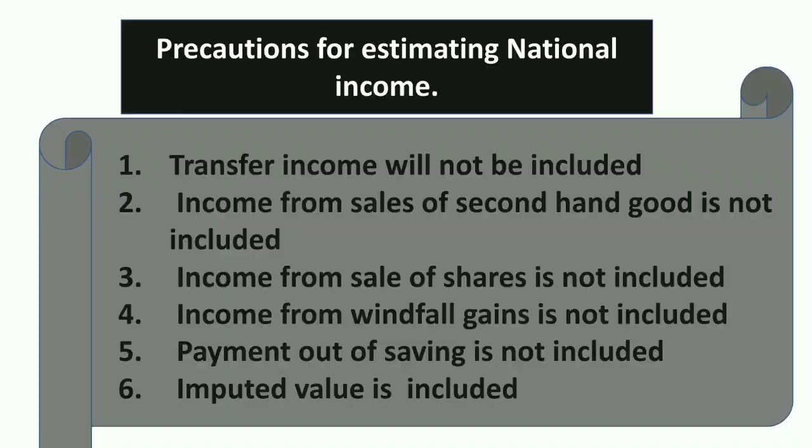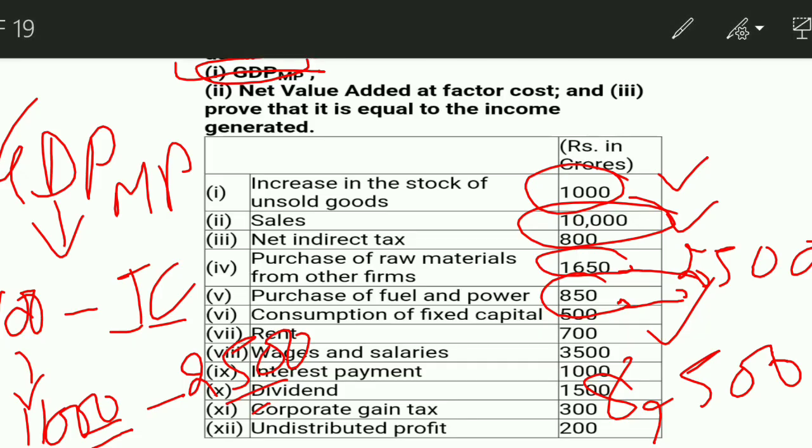Now the next part of the question is asking us to calculate net value added at factor cost. And you know that net value added at factor cost is simply value of output minus intermediate consumption minus depreciation minus net indirect tax. So here you can see that these things are given to us.